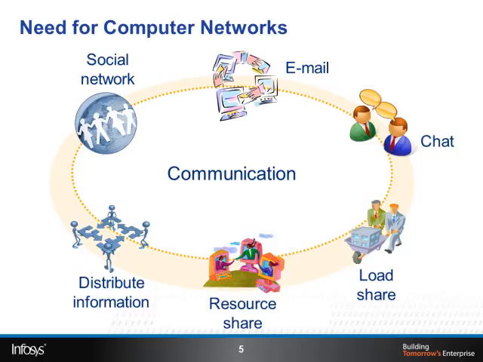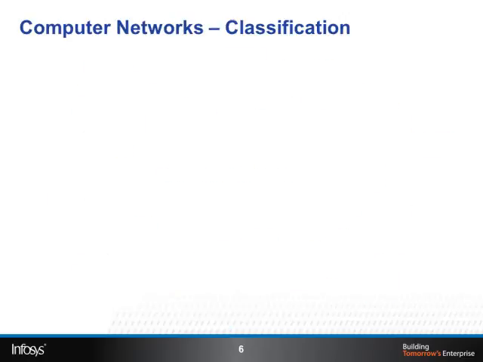Networks also enable better utilization of certain resources like printers and scanners through sharing among users. Networks are also required to distribute the load among servers once the number of user requests or transactions increases for an application. Computer networks can be classified based on different parameters.